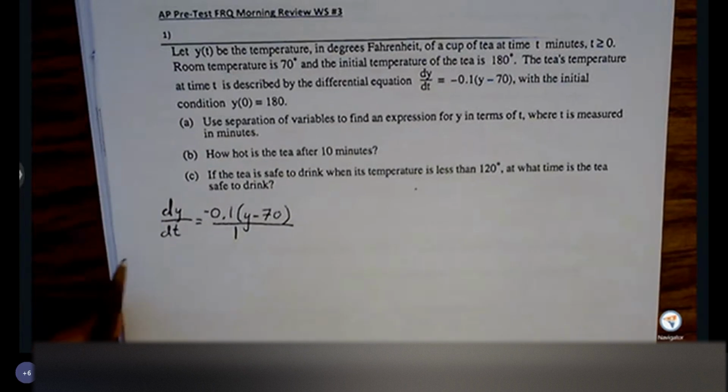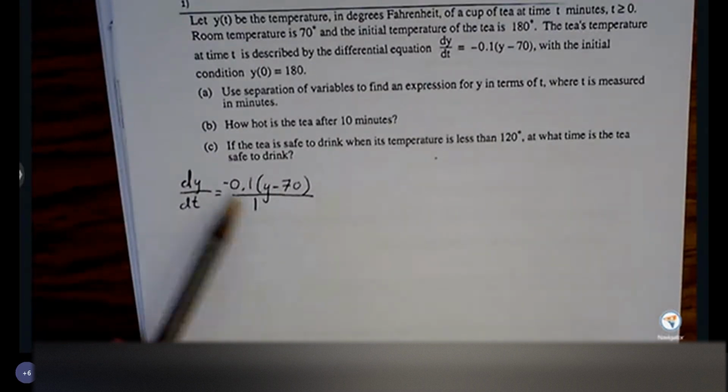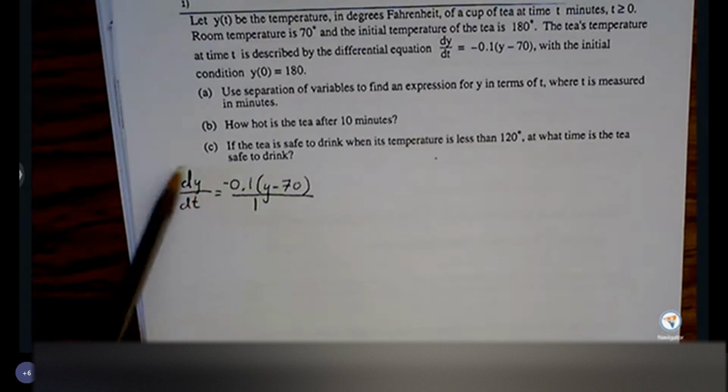I like to cross multiply so I can begin to separate the variables. Eventually, I want all the y's on the left and all the t's on the right side.